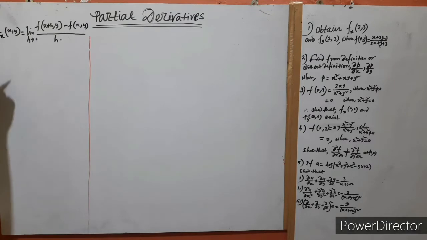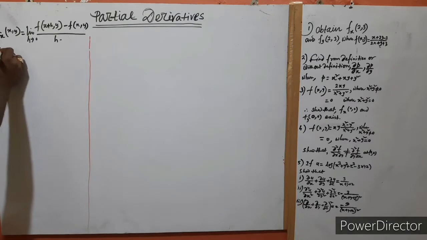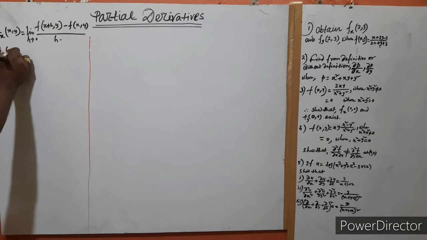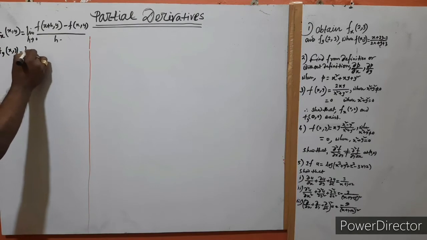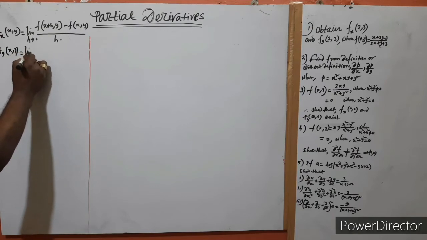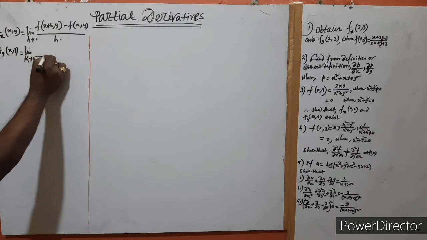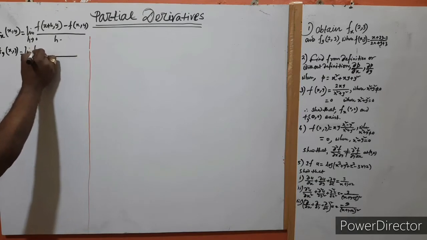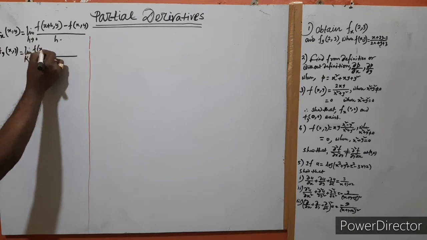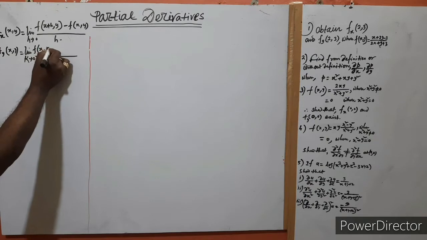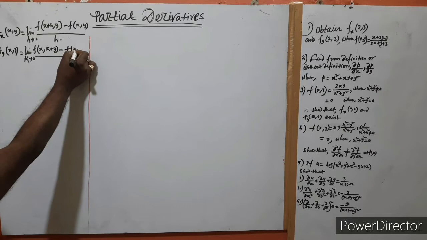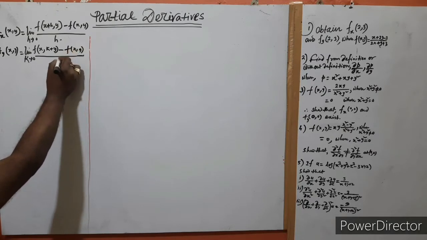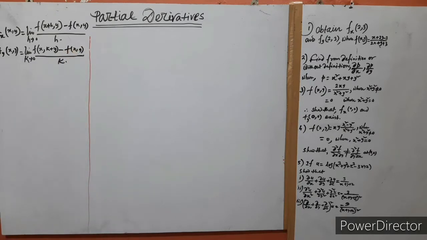If it is differentiated with respect to x, and with respect to y at the point x comma y, that is limit k tends to 0 of f of x comma y plus k minus f of x comma y, divided by k.